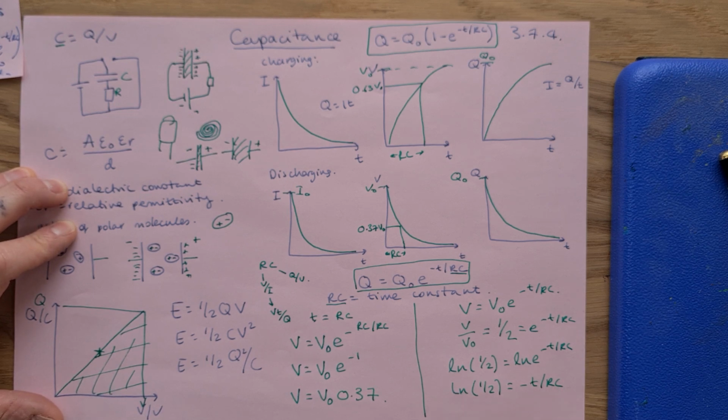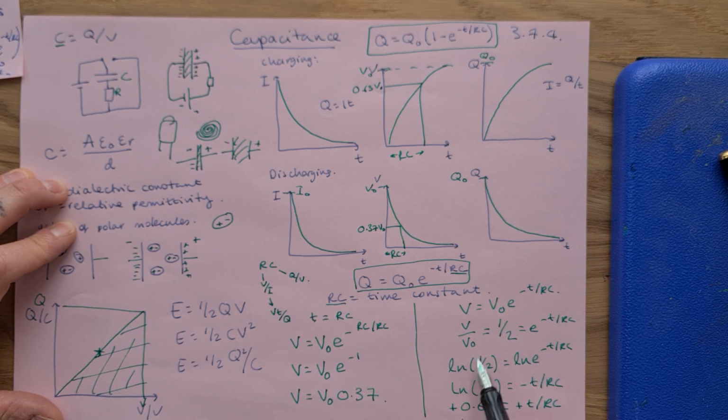Now, ln of a half, that's just a number. It's actually minus 0.69. So minus 0.69 is equal to minus t over RC. So we can get rid of the negative values, just to make life easier. And then we multiply the RC on this side, and so we get the time to halve.